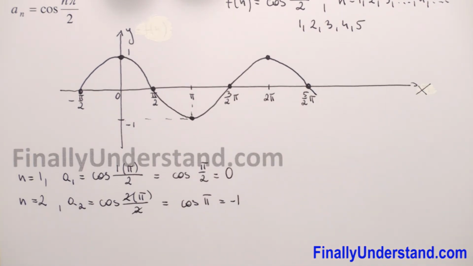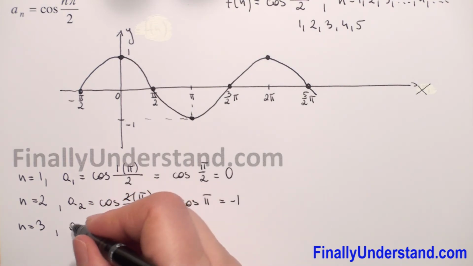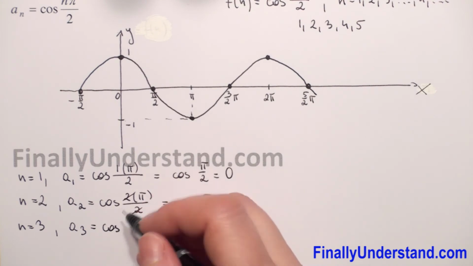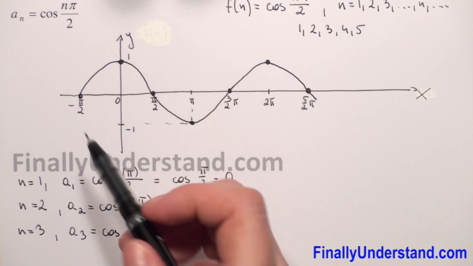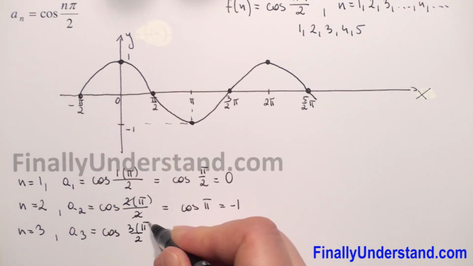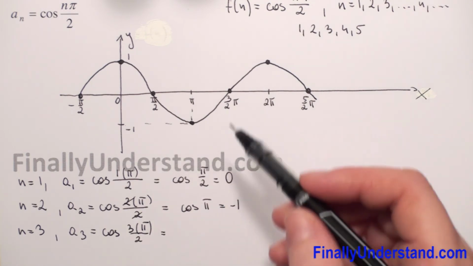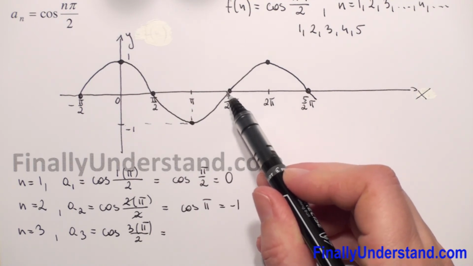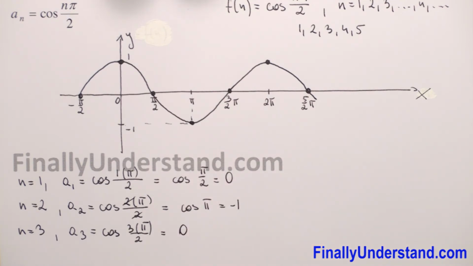Now, for n equals 3, we will have a3 is equal to cosine of 3 times pi over 2. So cosine of 3 over 2 pi is 0. So this is 0.